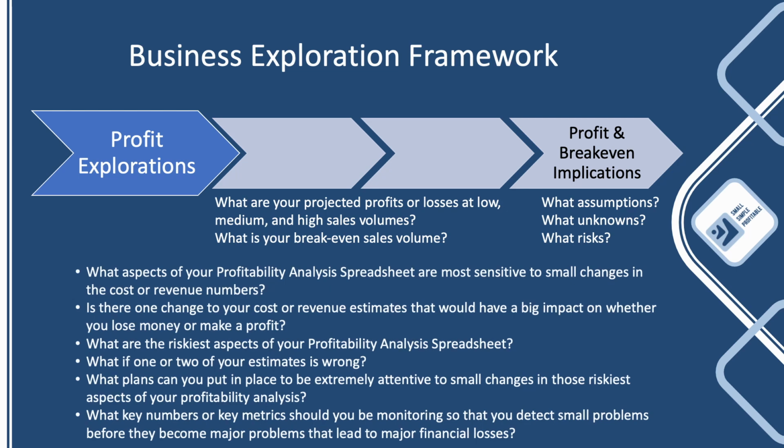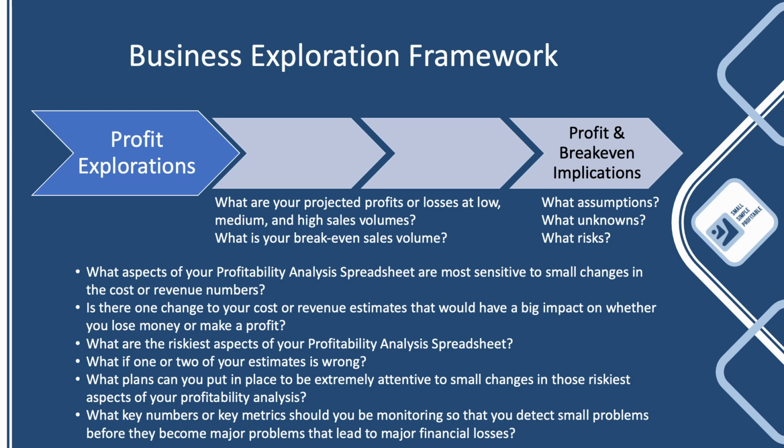What aspects of your profitability analysis spreadsheet are most sensitive to small changes in the cost numbers or the revenue numbers? Is there one change to your cost or revenue estimates that would have a big impact on whether you lose money or make a profit? What are the riskiest aspects of your profitability analysis spreadsheet?